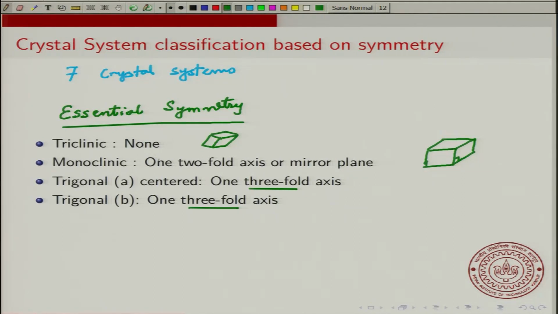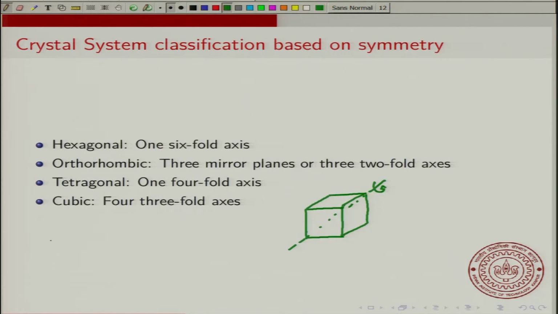That means it could have a two-fold axis, it could have some other symmetries, but it is not essential to call it a triclinic system. Similarly, for monoclinic, one two-fold axis or mirror plane is essential. It could have several other symmetries. So what is important is that these are essential symmetries, and crystals can have additional symmetries.